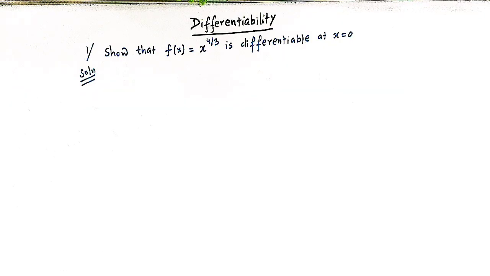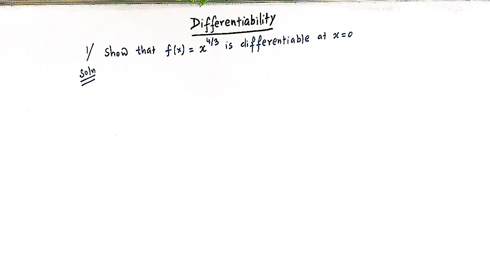Hello viewers, in today's session we are going to discuss a very important and conceptual problem from differentiability of functions, right? We have already discussed a lot of problems in our earlier videos regarding the differentiability of functions, and we have seen how to find the right hand derivative and the left hand derivative of functions at a given point, right?